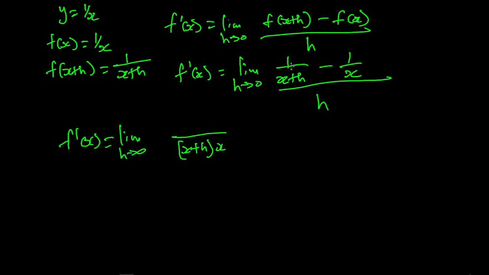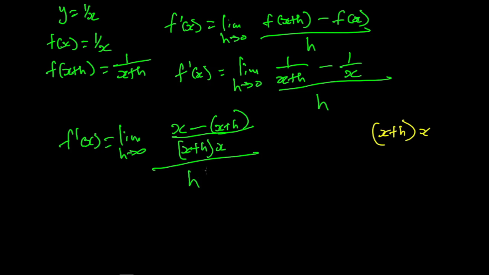If we multiply this fraction by x plus h multiplied by x, the common denominator, x plus h is going to cancel out x plus h, and therefore we'll be left with x. So we have x here minus, multiplying this with this, x is going to cancel out x, and therefore we'll be left with x plus h. So we are going to have x plus h here, then everything divided by h.